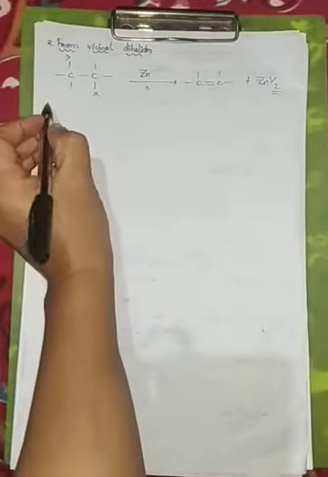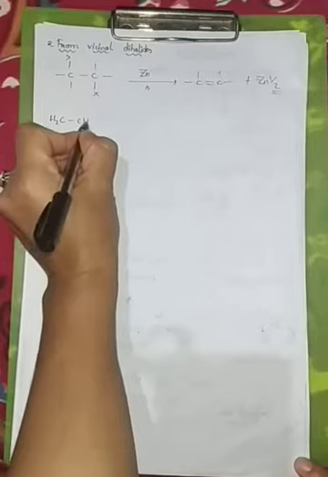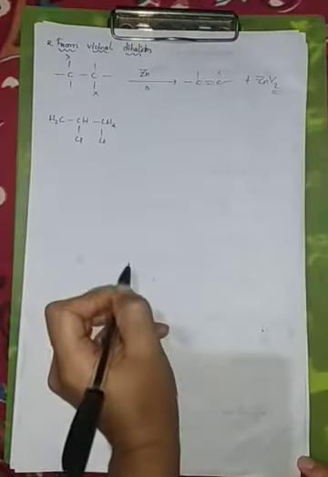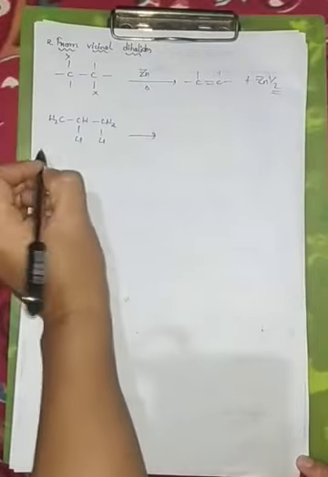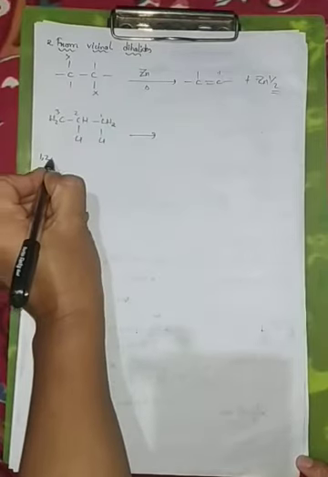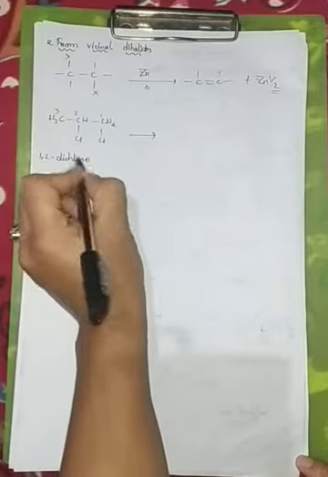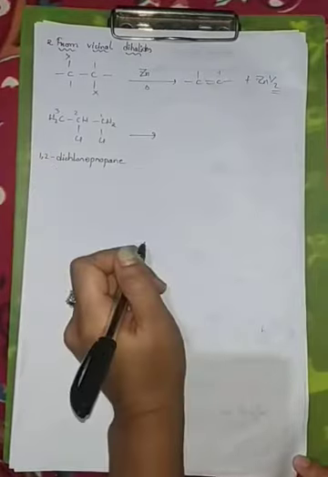Now check out an example here. CH3CHClCH2Cl. Numbering 1, 2, 3, this is 1,2-dichloro with 3 carbon atoms, therefore it will be propane: 1,2-dichloropropane.